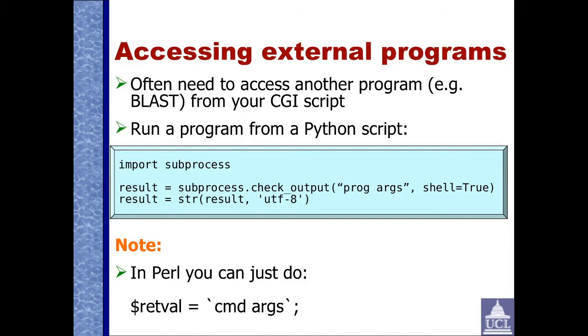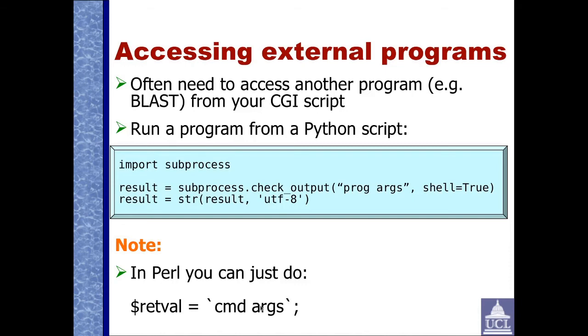Just for comparison, in Perl all you need to do is say return value equals, and you put a command that you want to run and the arguments that you want to give to the program in backticks. So let's see how we have to approach this in Python.